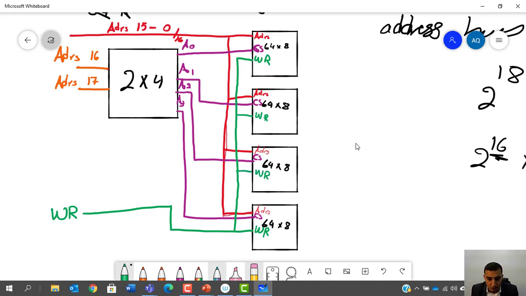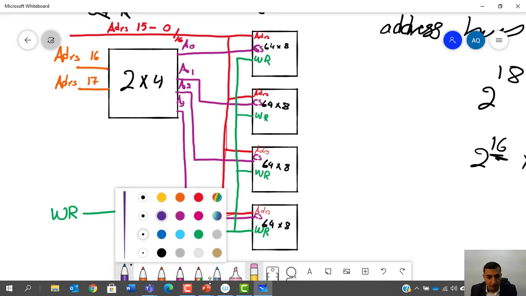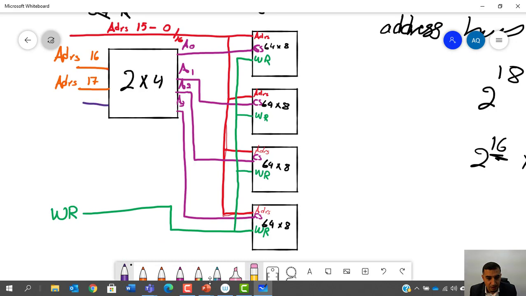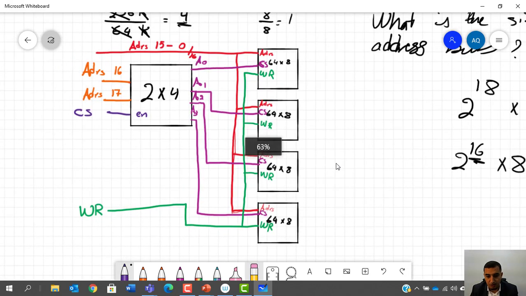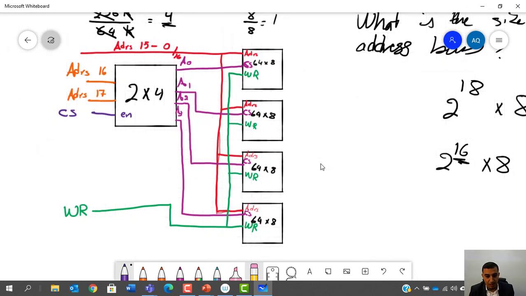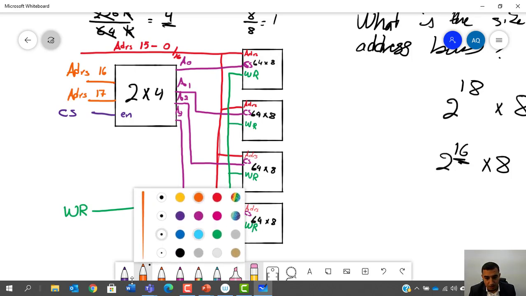Now, another few things to add: over here we are going to add the chip select enable for the RAM, for the decoder, and two things are left. These two things are the two main things, which are data and out. So let's do data.